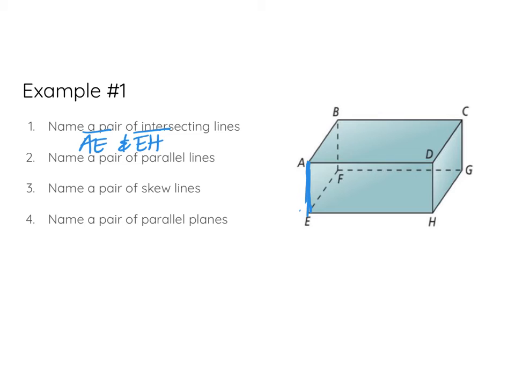Okay, a pair of parallel lines. So let's just stick with AE here since we have that one highlighted. DH is going to be parallel, but I could also choose BF or CG. All four of those lines are parallel to each other. One thing you might see, maybe in an example, I'm going to write AE is parallel to DH.